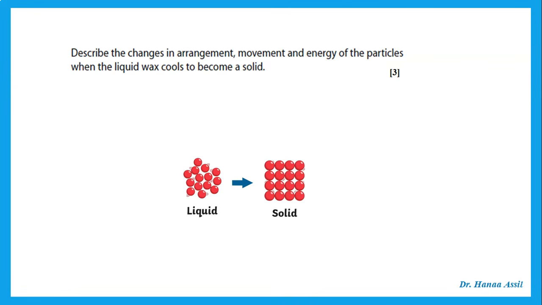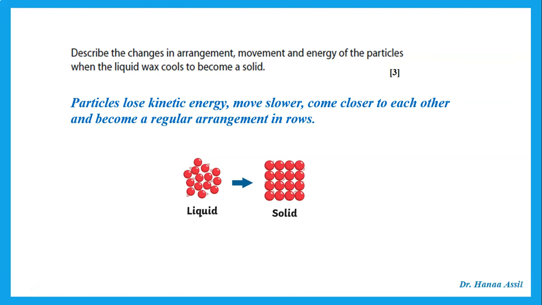Well, you should realize I am cooling the liquid and it becomes a solid, then the particles are losing kinetic energy. So the energy will be less in the solid. They will move slower, so that is the change in the movement, and they will come closer to each other and become regular arrangement in rows when they become a solid.